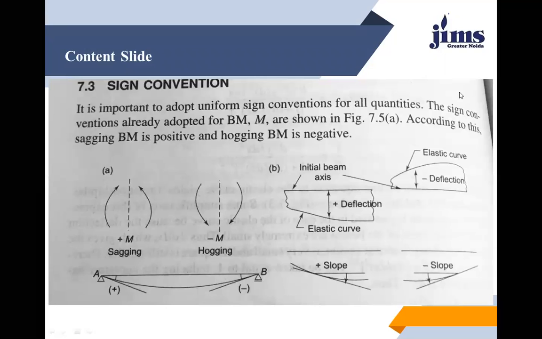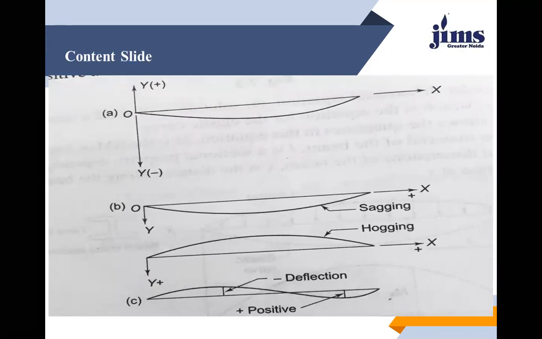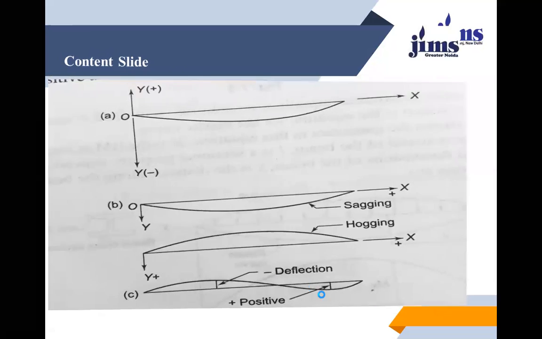For slope, a clockwise slope from the positive x-axis is taken as positive, and an anti-clockwise slope is taken as negative. Sagging is positive, hogging is negative.